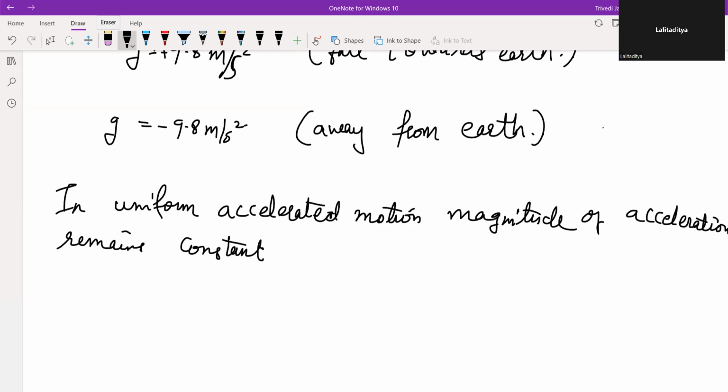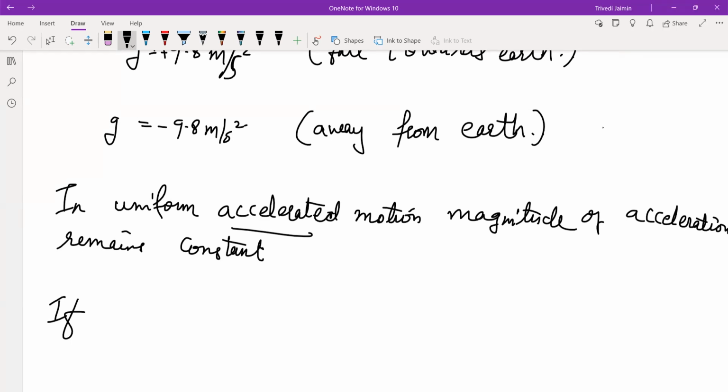In uniform acceleration, equal amounts of velocity are added. If this acceleration is due to gravitational acceleration, and no external forces are acting on it, then we can say it's uniformly accelerated. If it is due to gravity, then 9.8 is a fixed value.